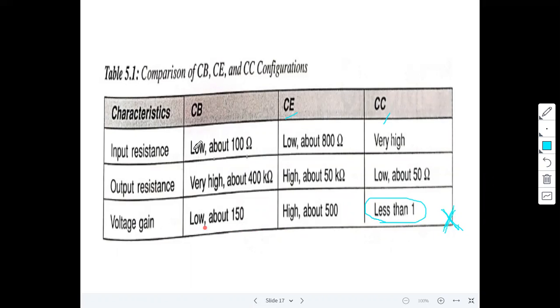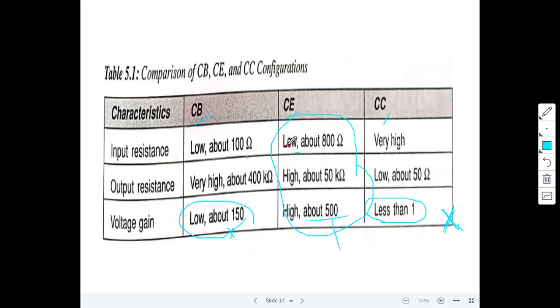Now observe the voltage gain in CB configuration: maximum is 150. What about CE configuration? Here in CE configuration, what is the voltage gain? Voltage gain is about 500.